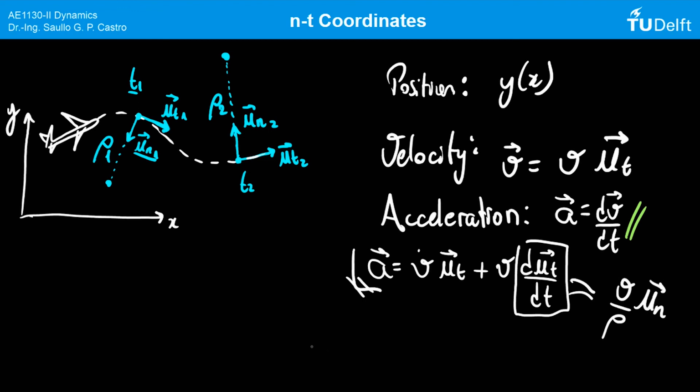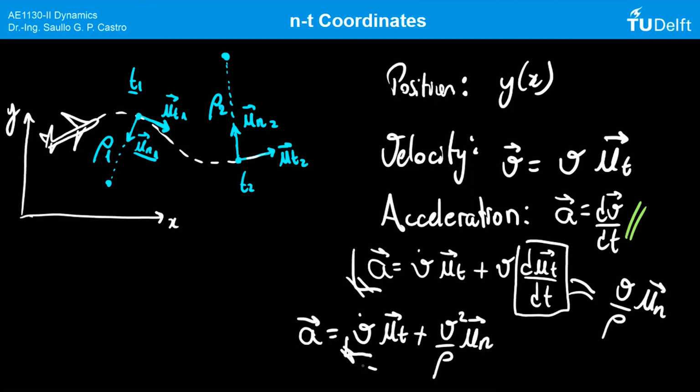So let's replace it in here, and what we get is a very interesting relation, because it gives us how the tangential acceleration is expressed in terms of rate of change of the speed, and how the normal or the centripetal acceleration AN describes how the velocity vector is changing with time.